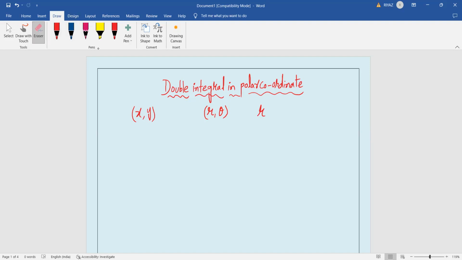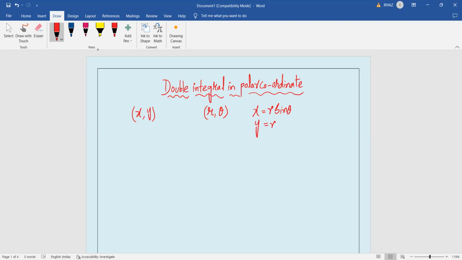If I want to convert Cartesian coordinates, the x, y values, into polar coordinates, it will be like this: x is equal to r sine theta and y is equal to r cos theta.